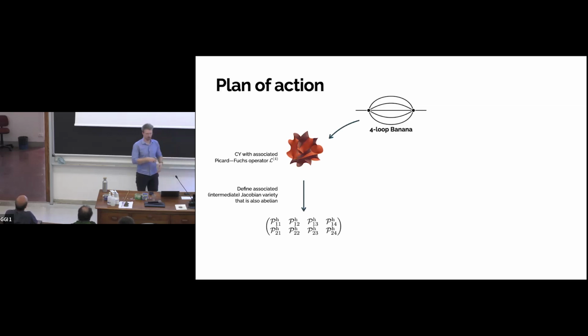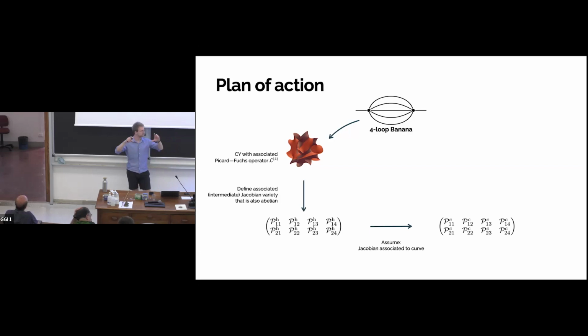I will get into that a little later. For that, we had to define the associated Jacobian variety. Because of our matching procedure, we wanted this to be abelian, so we assume that this Jacobian variety stems from a genus 2 curve. This is the assumption that we want to make.